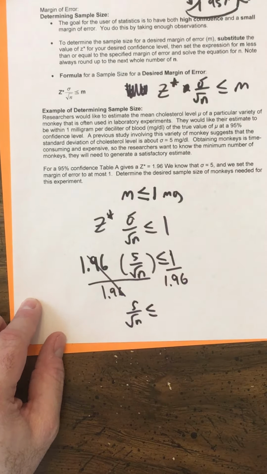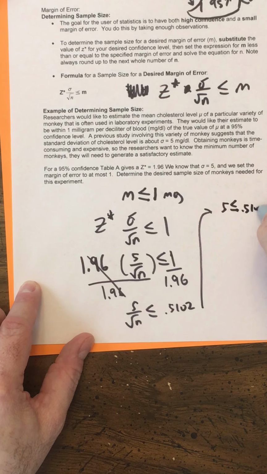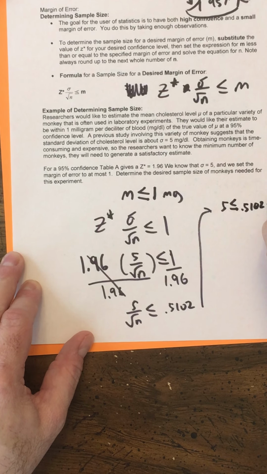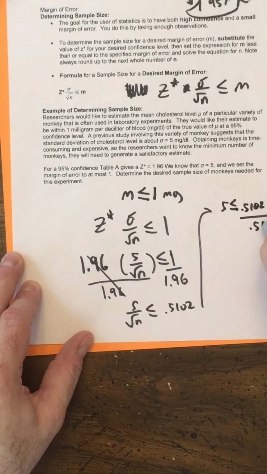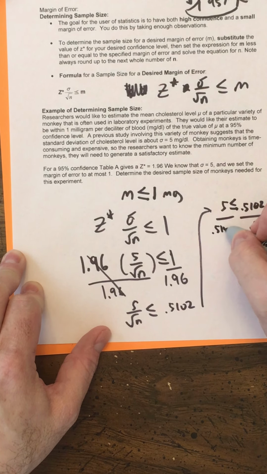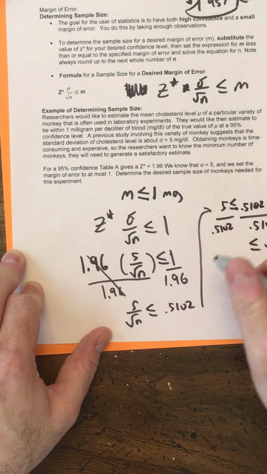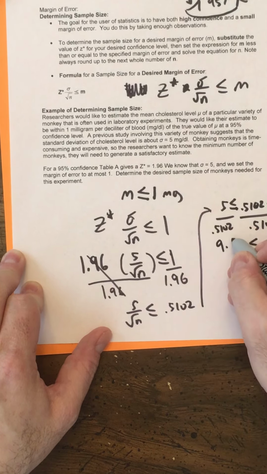Cross multiply again. I'm going to move this up here. You get 5 is less than or equal to 0.5102 rad n. Divide by 0.5102 on both sides. And you're going to get a radical n on this side. And on this side, you're going to get 9.8.